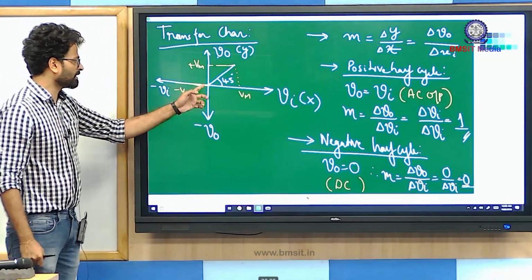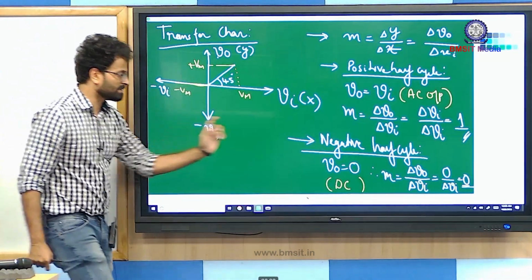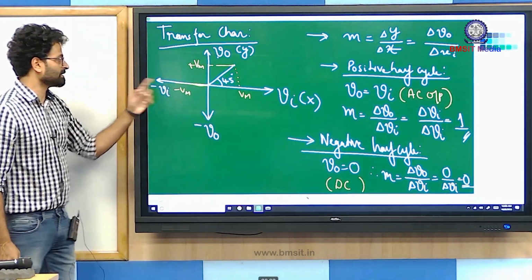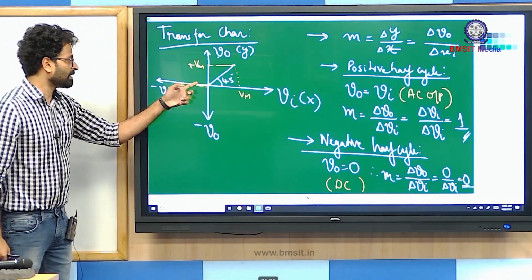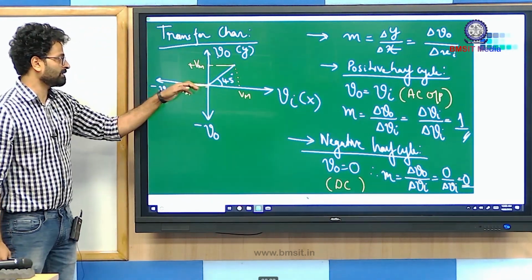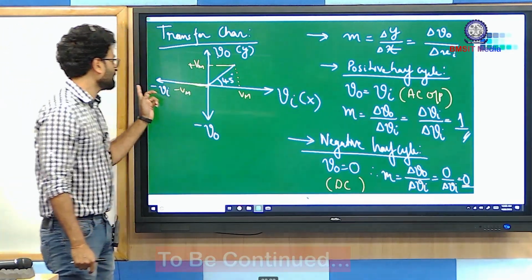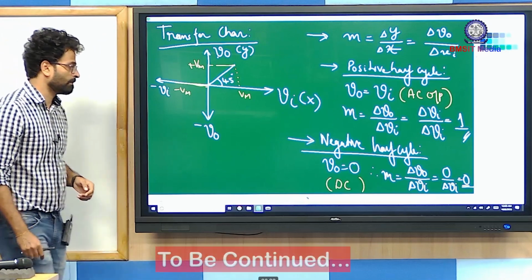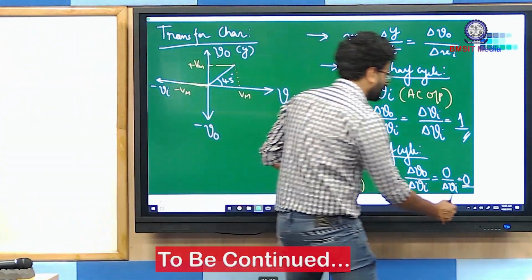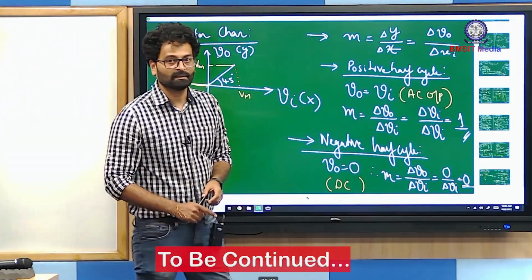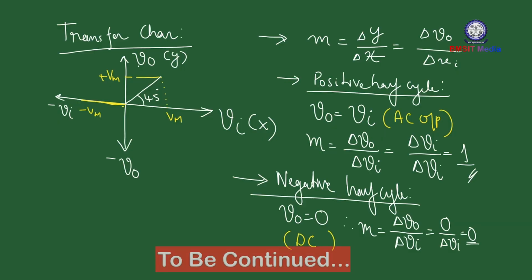So you are always going to get a straight line. Since it is 0 volt, you are getting a straight line parallel to the x-axis, and in fact it is overlapping the negative x-axis as well. Okay, so this is the analysis of the negative clipper on the basis of the ideal diode model.